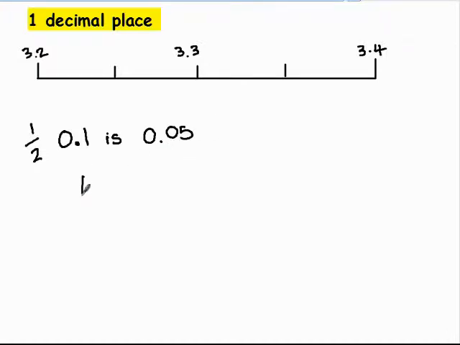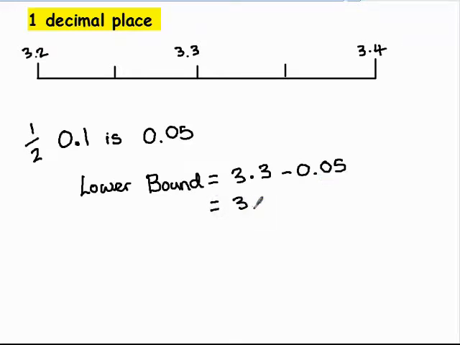So to find our lower bound, we're going to have to take that away from 3.3. So 3.3 subtract 0.05 will give us a lower bound of 3.25.